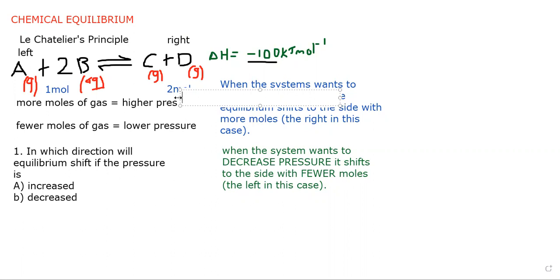And if the system wants to decrease the pressure, it will shift to the side with fewer moles. In this case, the left-hand side. So the question for you now: in which direction will equilibrium shift if the pressure is A, increased? So you can pause the video and answer it. And then for part B, where will it shift if the temperature is decreased?